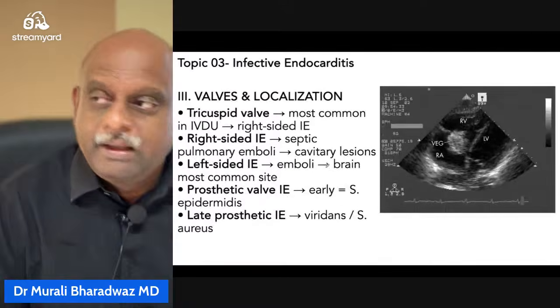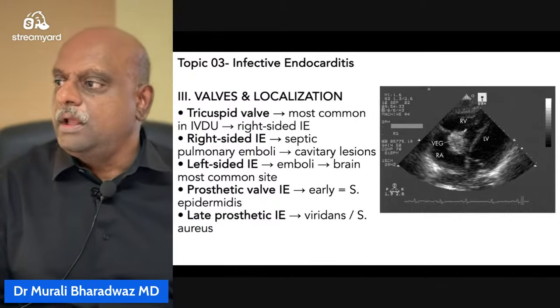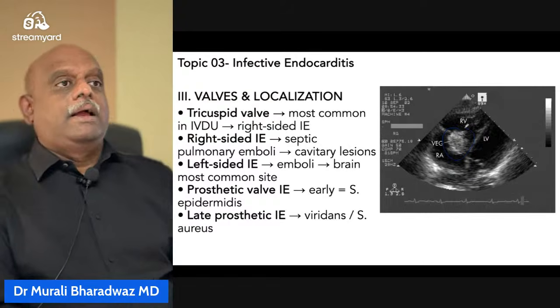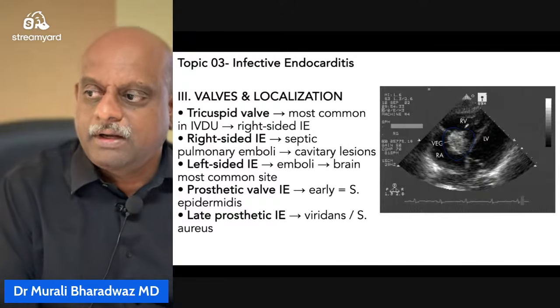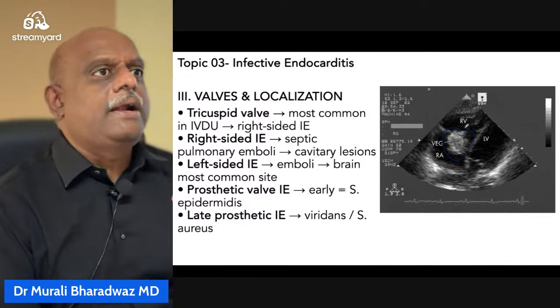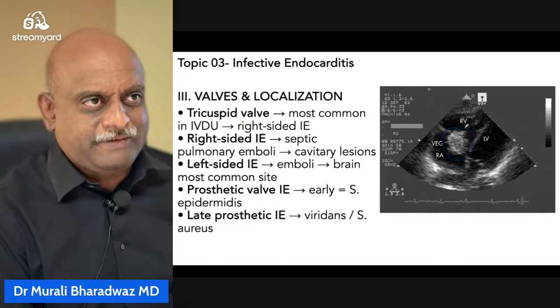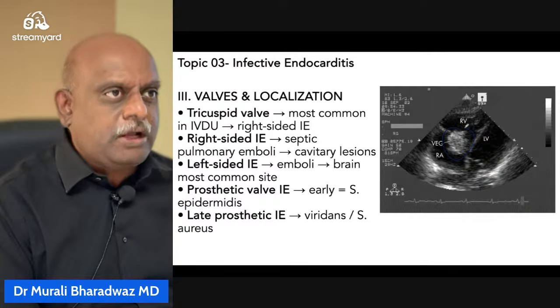Now, what are the various valves? The most common valve involved in the IV drug abuser is the tricuspid valve. And if somebody had mitral stenosis or aortic stenosis in childhood due to rheumatic fever, when they become adults you will do valve replacement and put a prosthetic valve.